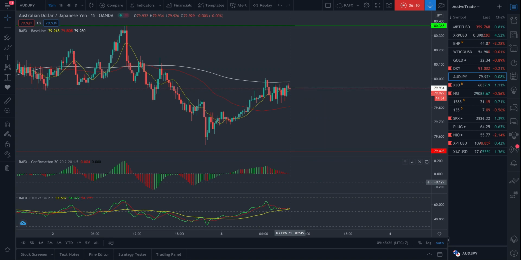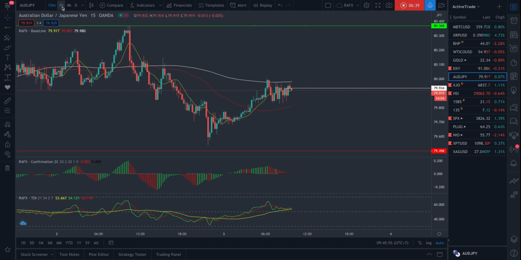So that gives me an idea that this is a good pair to trade. Okay, so once I establish that trend, there's a probability that this pair could go higher, or a good long idea.